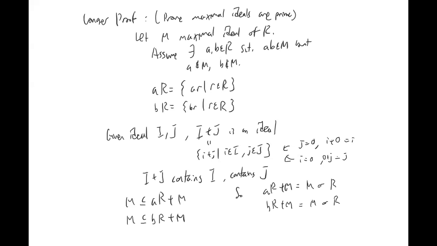We're going to derive a contradiction. For now, I'm just saying it's M or R. If one of them was M, then we are done, because this has 0, and AR certainly contains A, because A times 1 is A. That would mean A plus 0 is in M, and that's a contradiction because we assumed A was not in M. So it can't be this case.